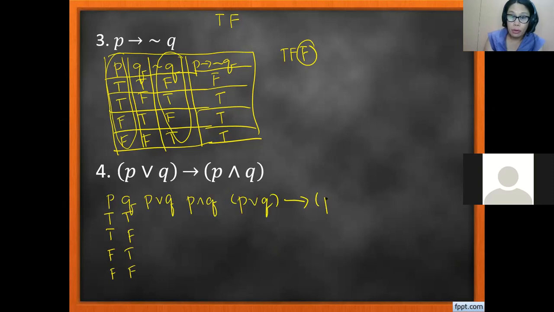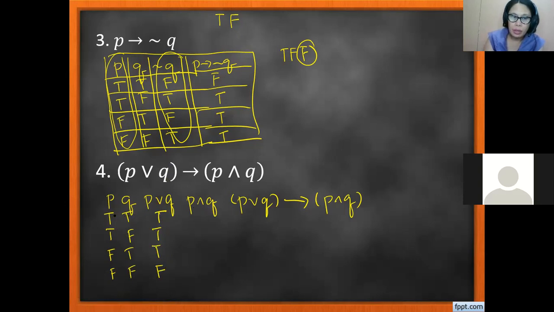If P or Q, then P and Q. So we need to identify P or Q first. So P or Q, this is true because both are true here. The other two here will be true kasi either is true. But the last is false based from the truth table for connective OR.